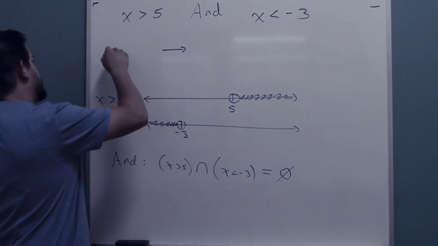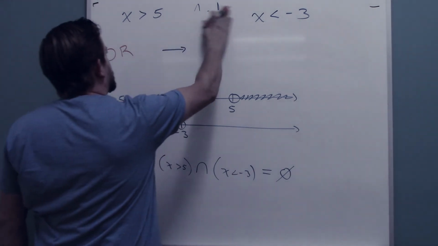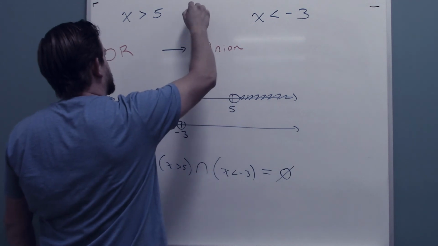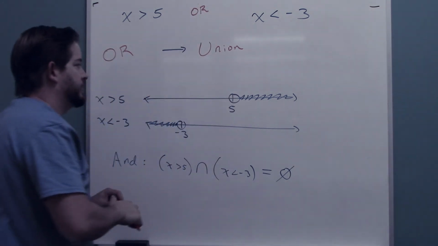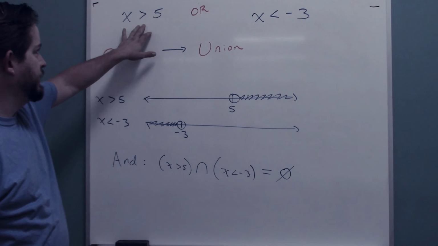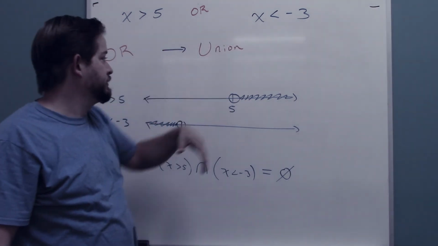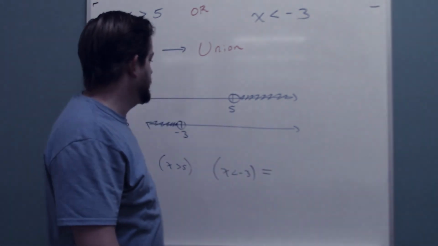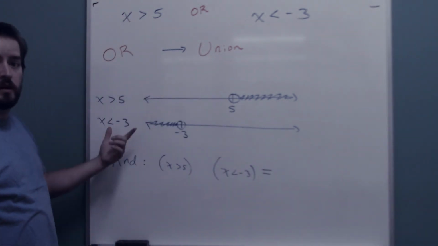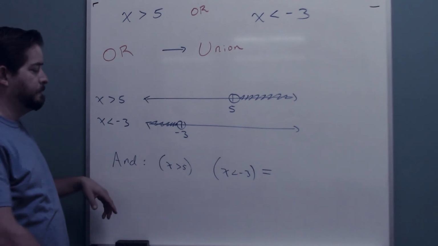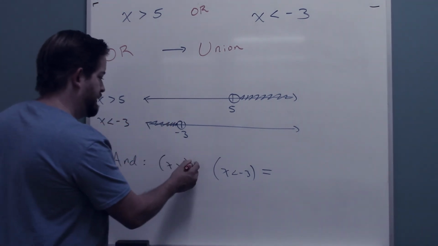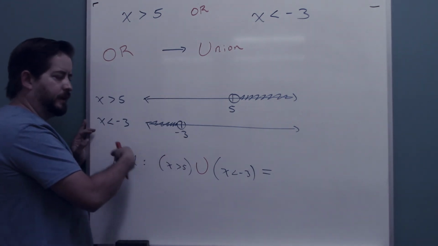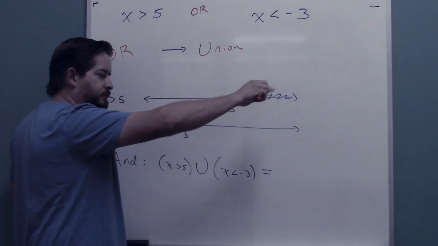Or is the union of these two sets. If they come along and say solve this, x is greater than 5 or x is less than negative 3, now I don't have that limitation where you have to be in both. It's one or the other or both, right? Which means that I have all of these guys from negative 3 off to the left, and I also have those guys from 5 off to the right.